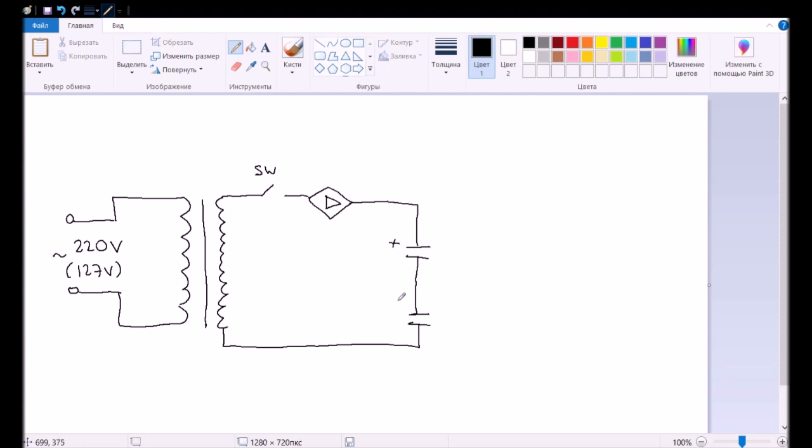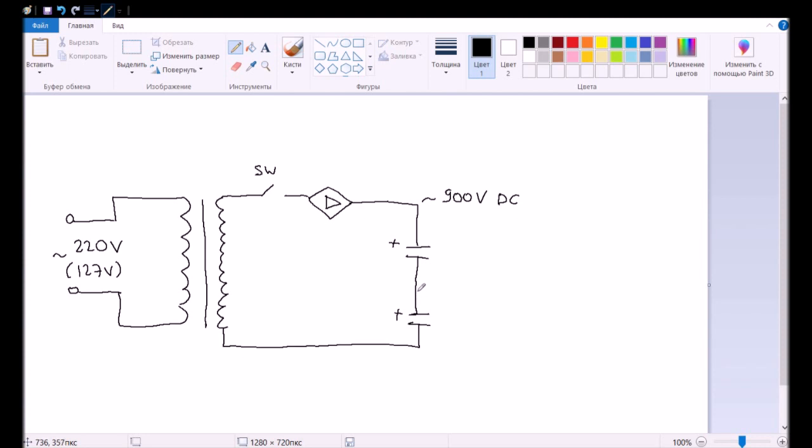Here is the polarity of these capacitors. Okay, and they are charged. To get 900 volts DC, we should have an according amplitude in the secondary. It must be more than 900.